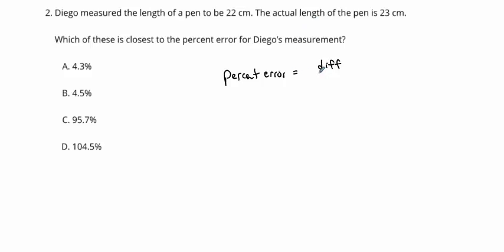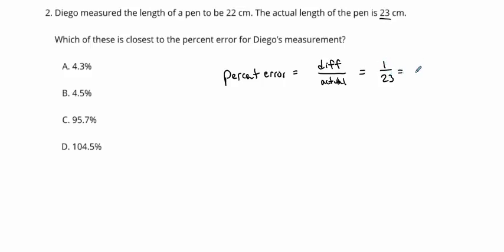So we could see the difference here is a difference of 1 centimeter divided by the actual length. So the actual length is 23 centimeters. So our difference is 1/23.